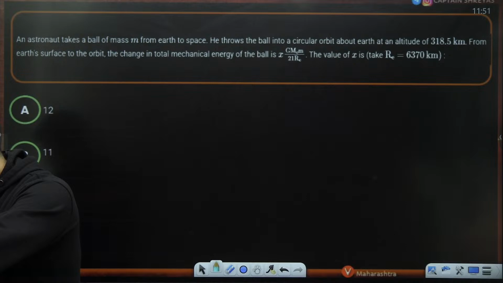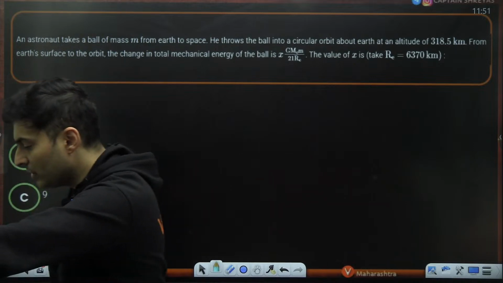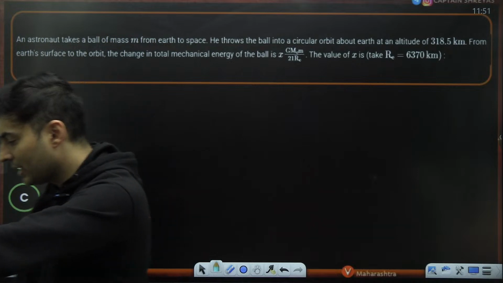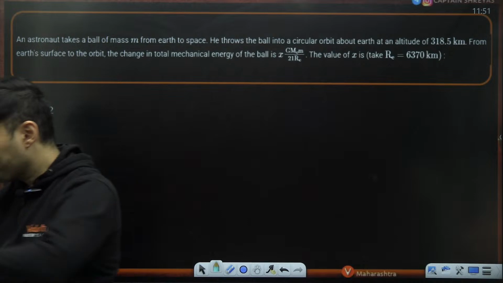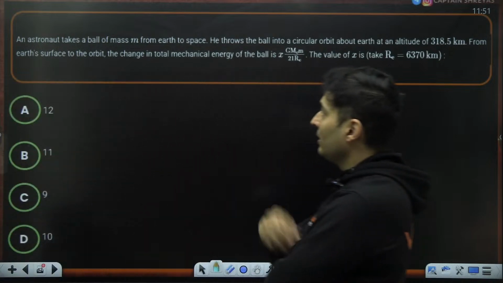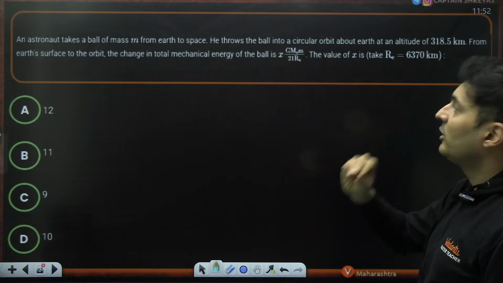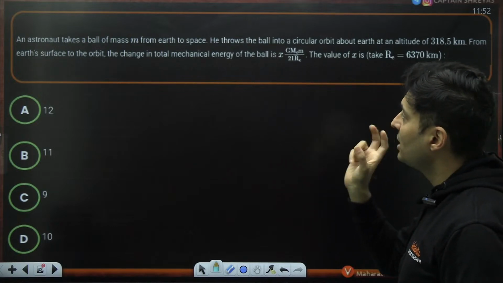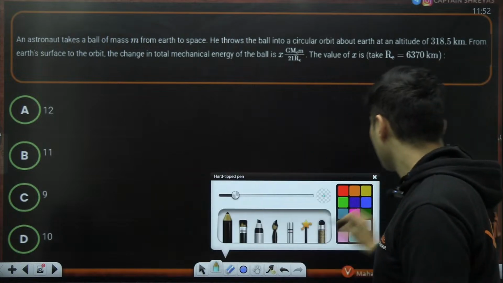Come on, my dear students. What will you do now? Think carefully. You are taking the ball, he is throwing the ball into a circular orbit. From the Earth's surface to the orbit, what will the change in the total mechanical energy be?